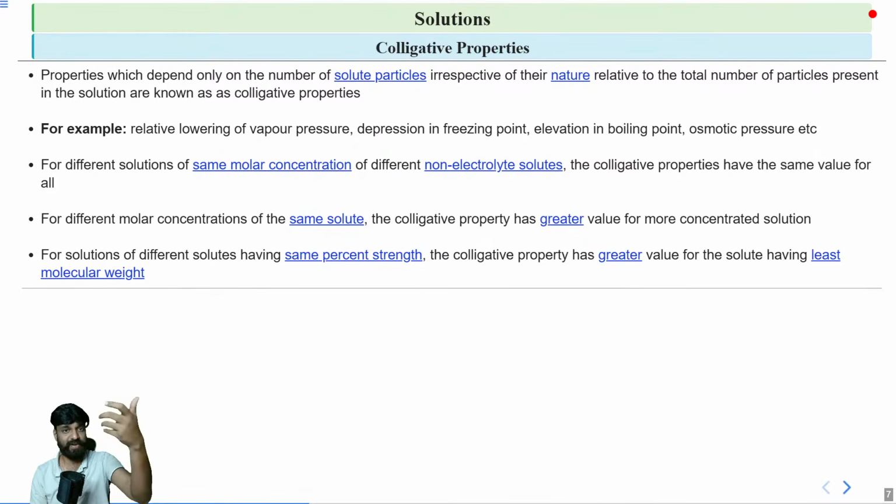If you got these 5 points clearly, then and only then you will be able to understand all the colligative properties and solve all the numericals. Any doubt till these 5 points? Please comment here if you have a doubt.